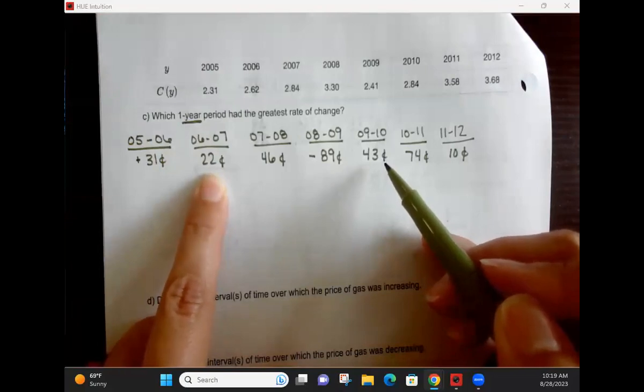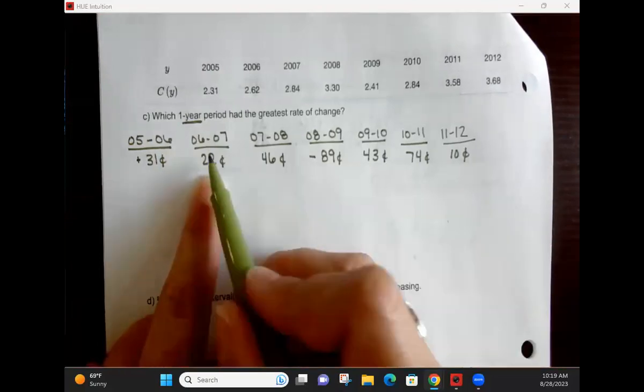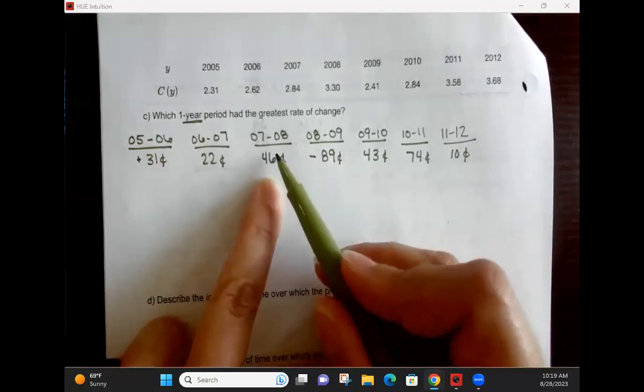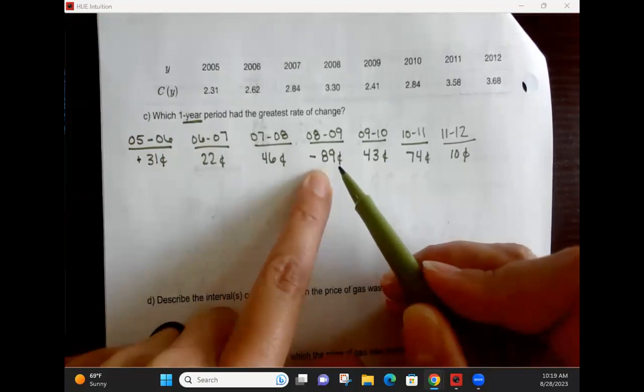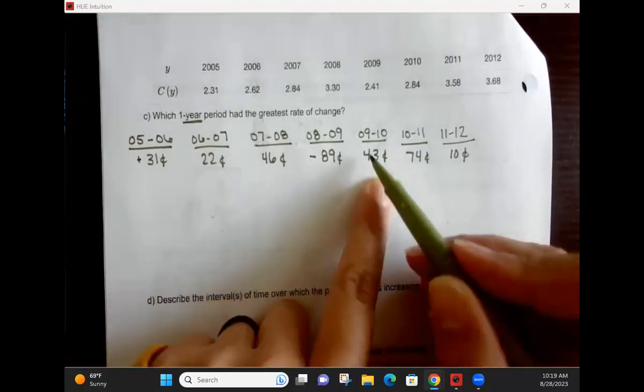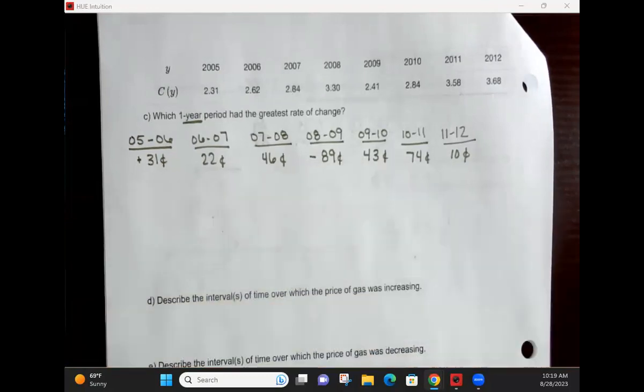Notice if I zoomed in and I looked at those individual years, I went up 22 cents, I went up 46 cents, and then we lost 89 cents. We dropped by 89 cents, and then we went up by 43 cents. So if I had looked at individual years, I would have gotten a much different picture. But since I looked at all of that time together, I get 5 cents as my average.